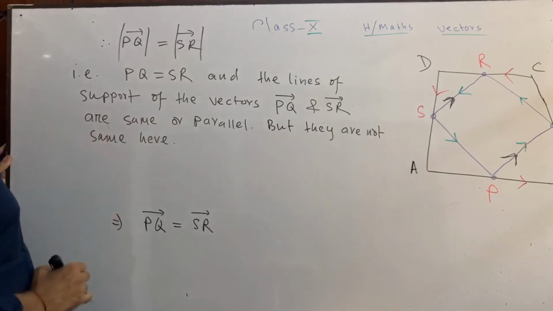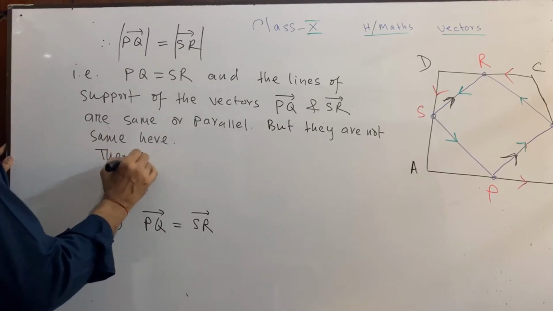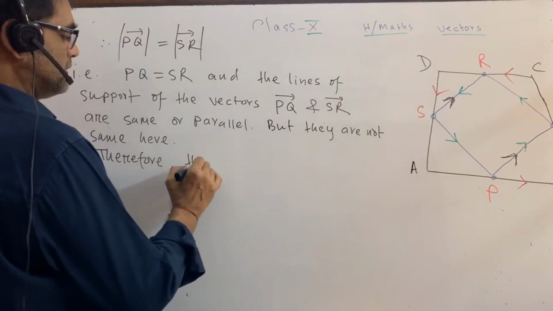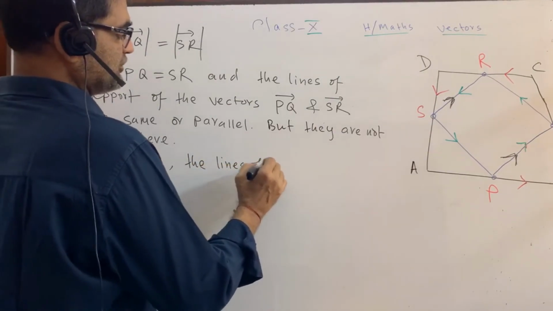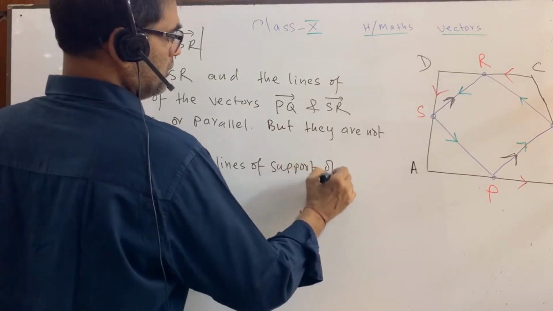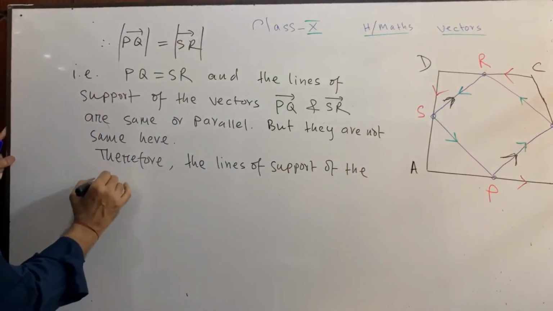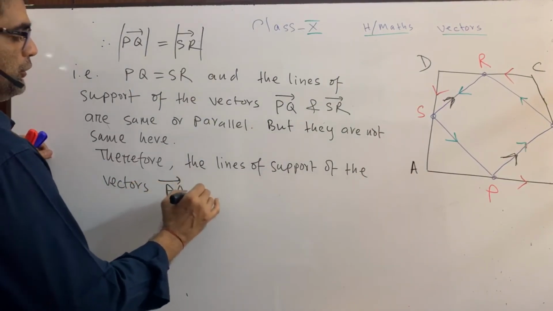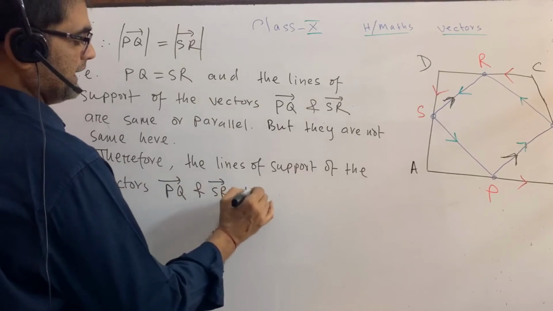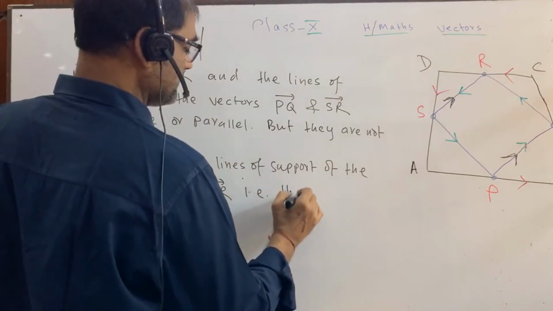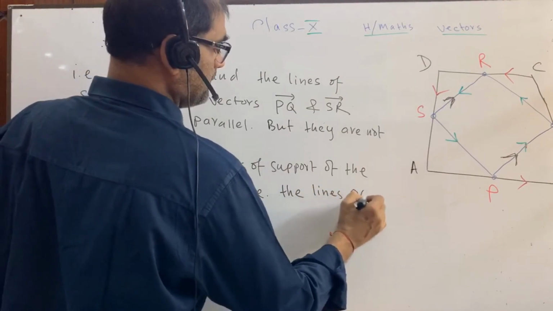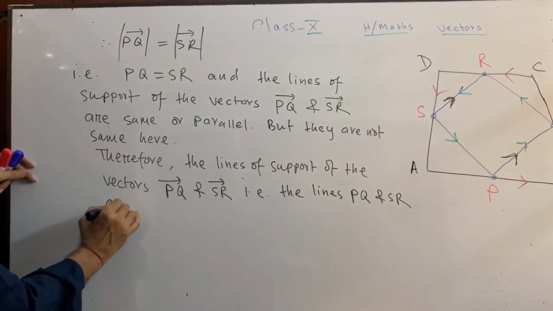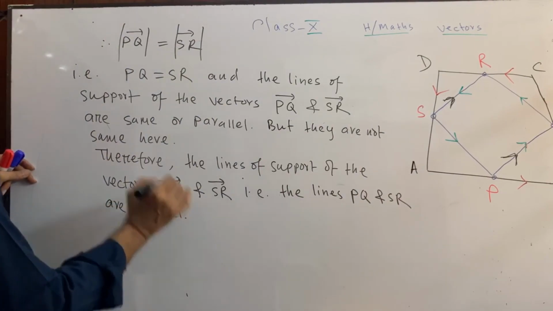Therefore the lines of support of the vectors PQ and SR, that is the lines PQ and SR, are parallel.